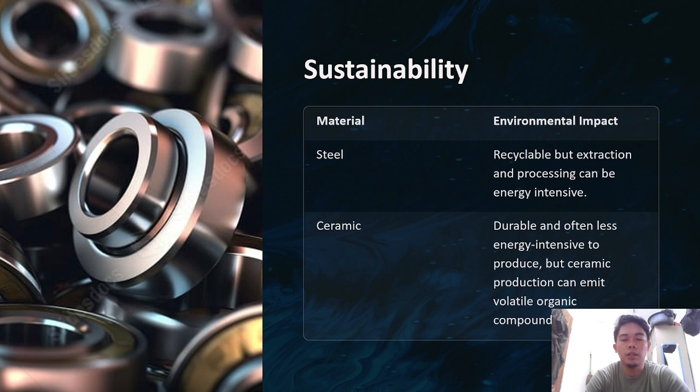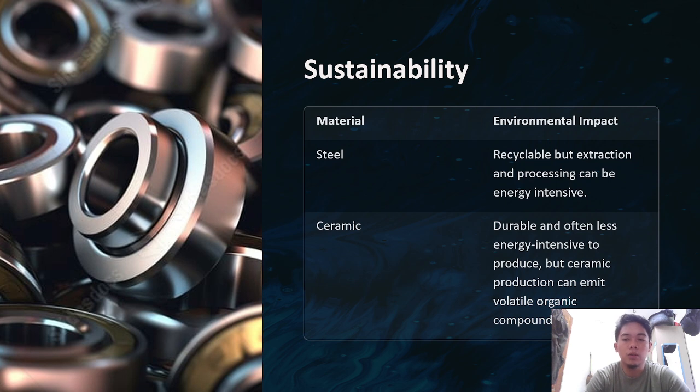So let's say kapag nasira ito, pwede pa siyang i-recycle or gamitin ulit, i-manufacture ulit na gawing ball bearing ulit. So in order to do this, high cost din kasi it involves the manufacturing cost, yung time, yung bayad din sa work.